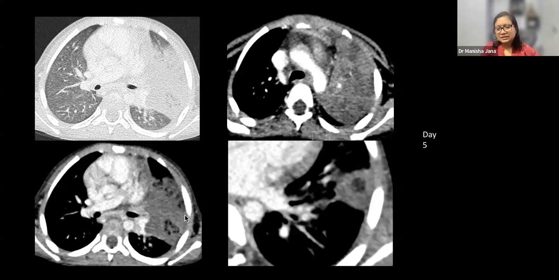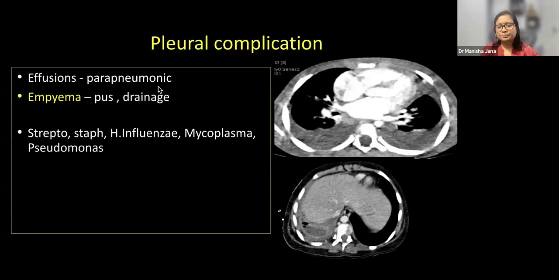So it is the angioinvasion which is giving rise to this very early onset of cavitation, and this is typically called the bird's nest sign because of this dirty kind of area inside. So this is quite suggestive of mucormycosis.